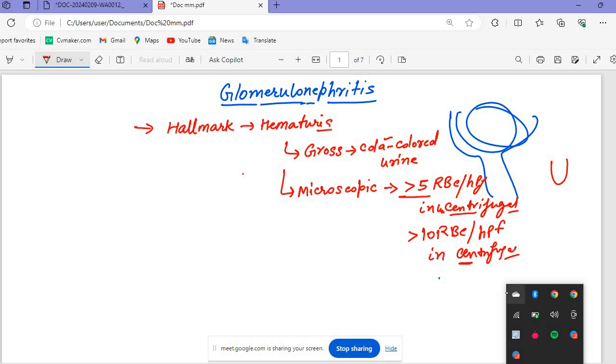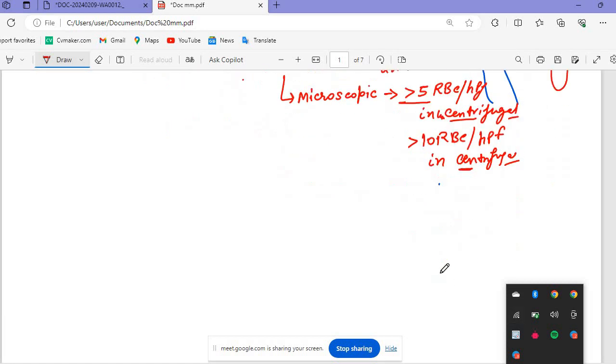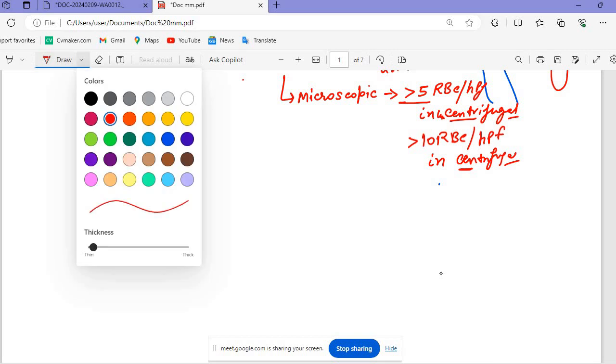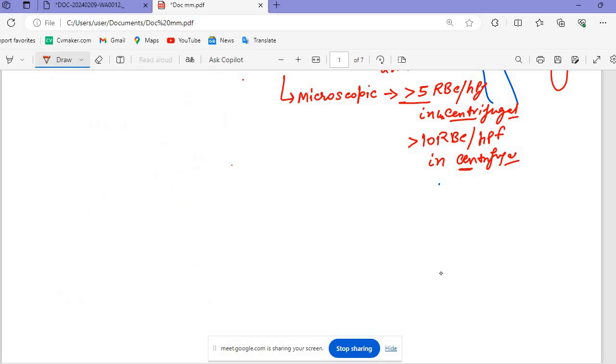See, what other characteristics will we see in these conditions? We will have RBC casts. We just studied pyelonephritis. In pyelonephritis, what do we see? We see WBC casts.